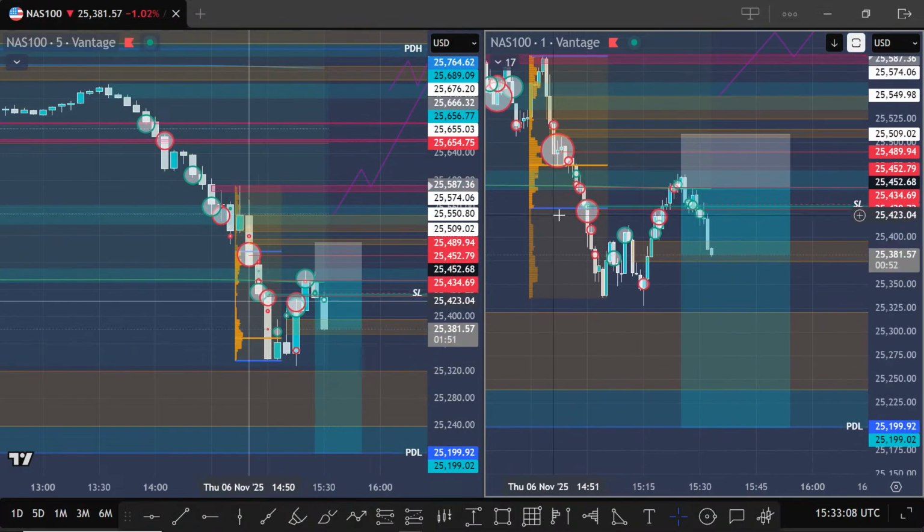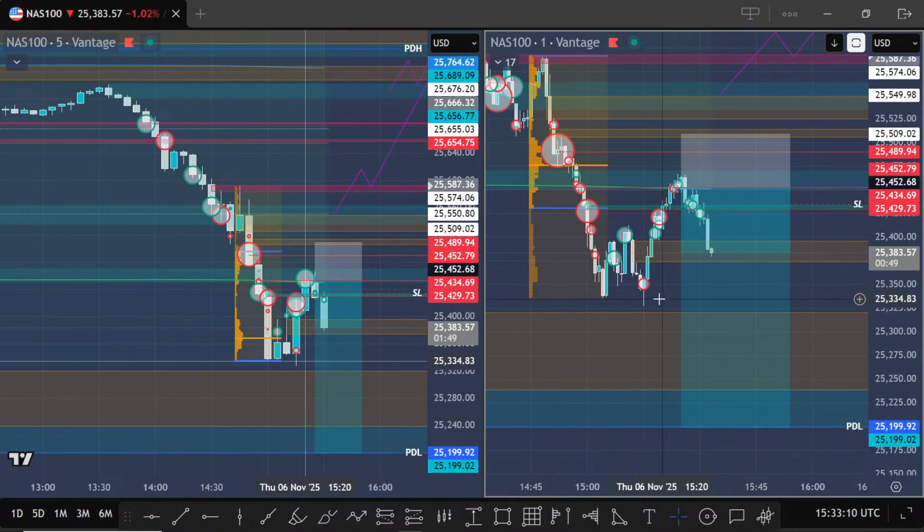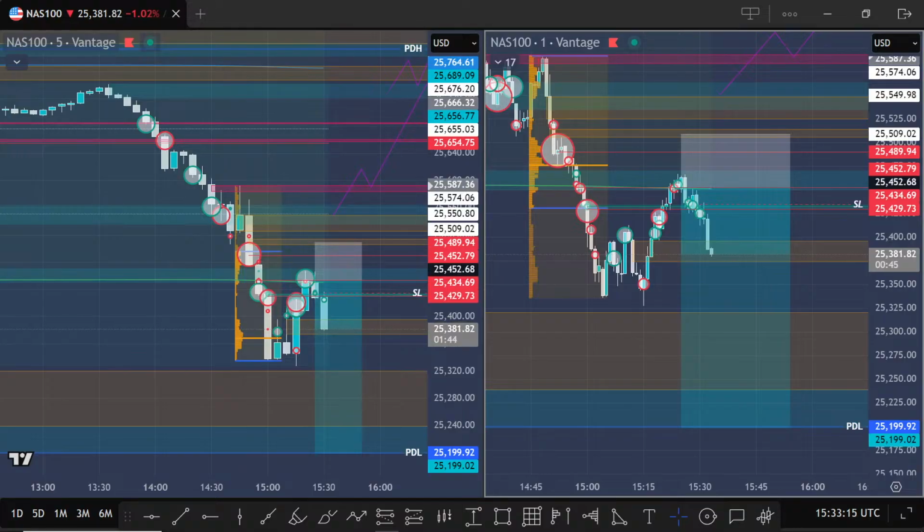Let's send it on its merry way down to the previous daily low, shall we? Let's do that. Jolly good.